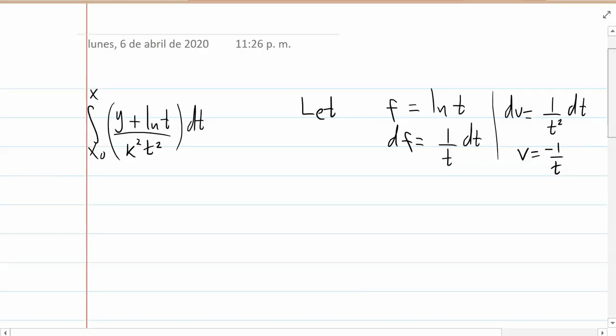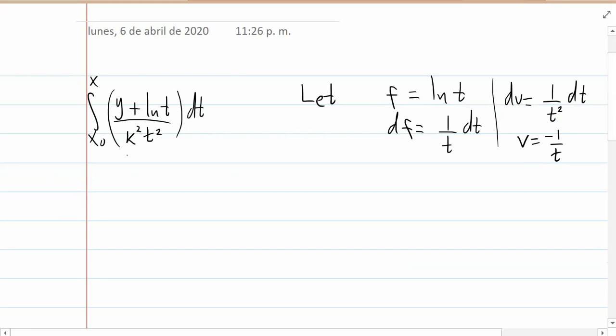Now, when we integrate, I'm obviously integrating only the second part, so I'm going to get rid of that one. We don't need that one right now. That is much easier. And I'm going to call it integral 1.